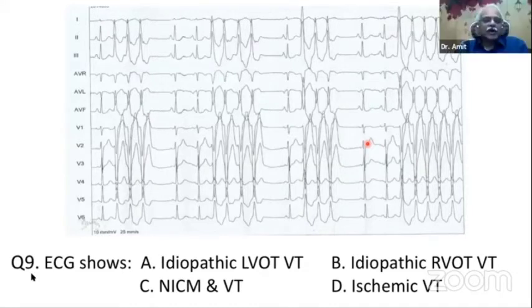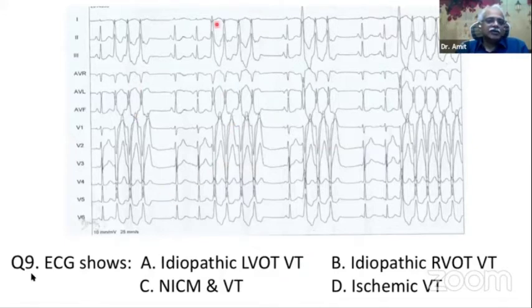Okay. So I have skipped one of the ECGs and I have gone to ECG number 9, and I am going to ask you the question on this ECG. It's again a 12 lead format, and it is showing this repetitive, non-sustained wide QRS tachycardia.